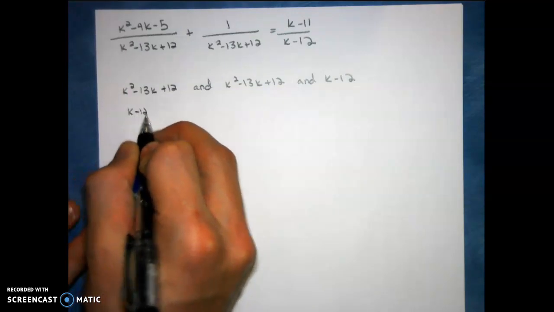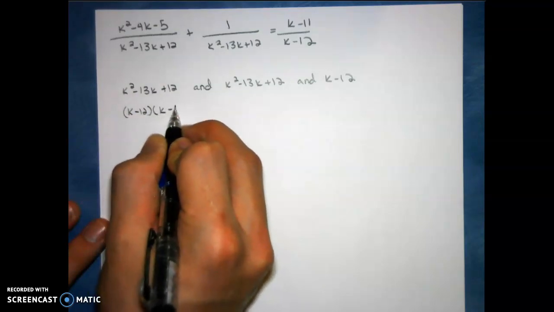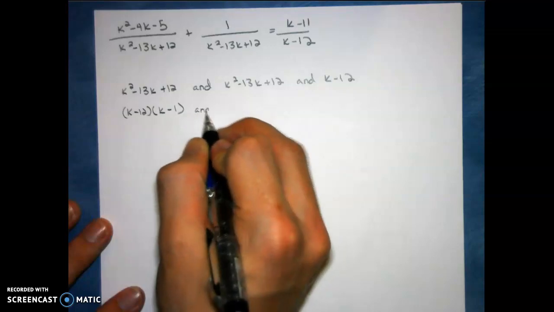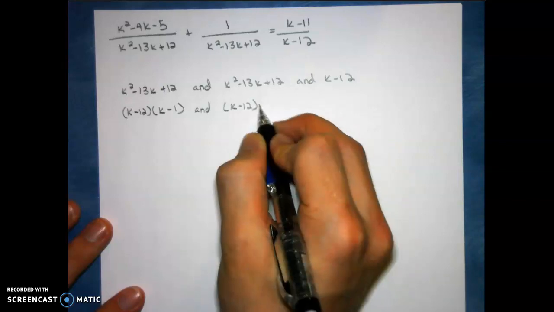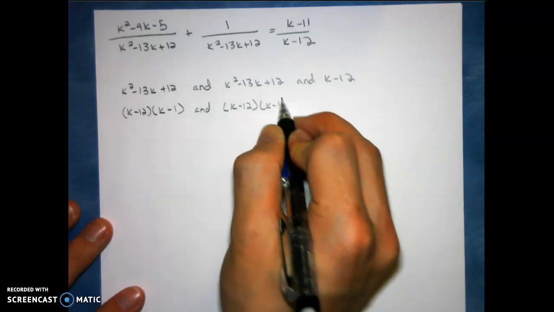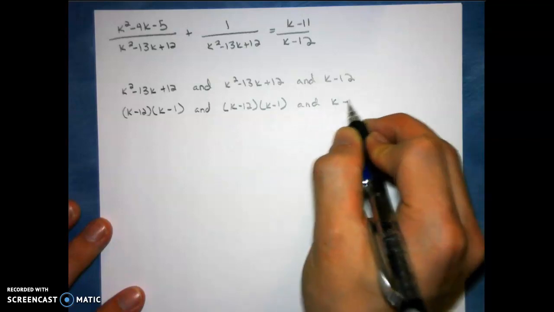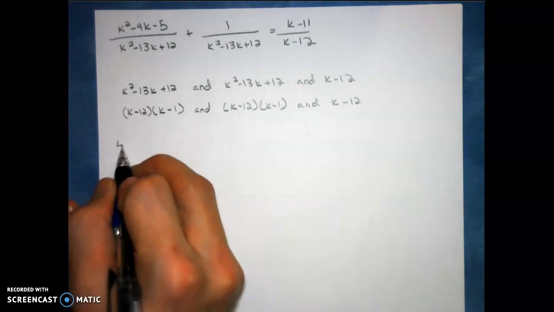k minus 12, k minus 1. Same thing for the second one. And then we just leave the third one as k minus 12. All right, now we find our LCD.